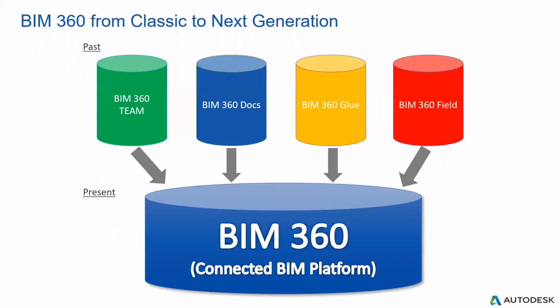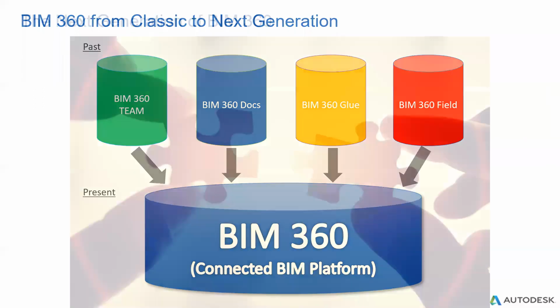In the past, we had different databases for different BIM 360 solutions. So we combined them into one single platform, BIM 360. And now we also call it a connected BIM platform, because all parties and all functions can be accessed by one single platform.